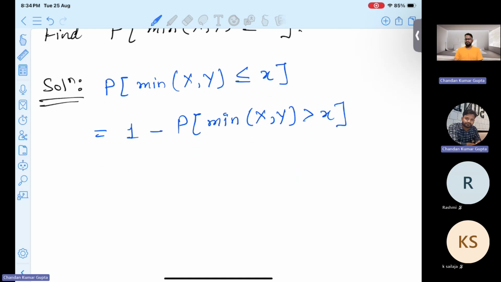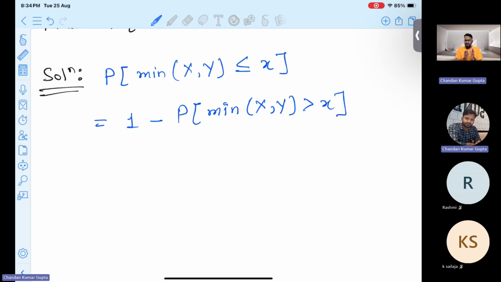Now you can think, since the minimum of X, Y is greater than x, it simply means the other variable is also more than x. So it has more information as compared to the previous wording. Or we can write: 1 minus the probability that the minimum of X, Y is greater than x.